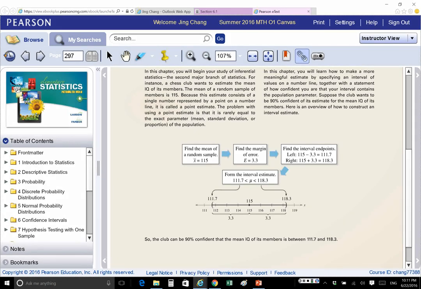It's a lower limit and upper limit, the left endpoint, which is 111.7, and the right endpoint is 118.3. Now we can say we're 90% confident that the mean IQ of its members is between 111.7 and 118.3. So in this section, we'll talk about how we find the margin of error and how we put it all together.